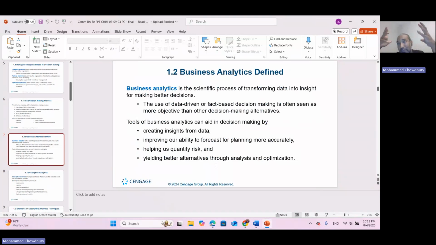If we can make better predictions of the company's revenue, in which direction the company is going, then we can plan accurately for other growth of the company, helping us quantify risk and yielding better alternatives through analysis and optimizations.